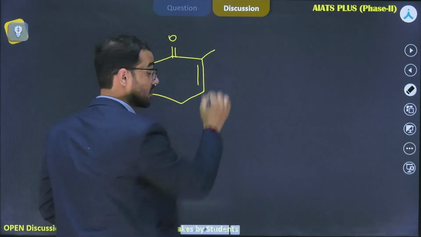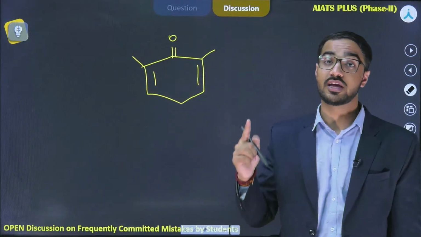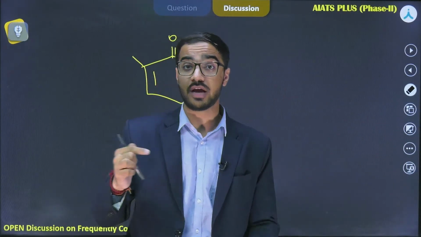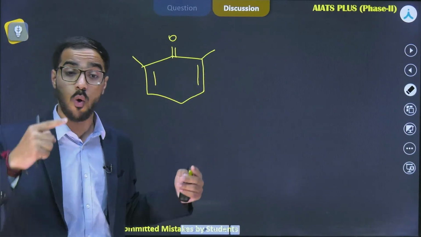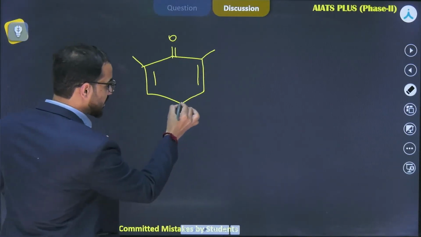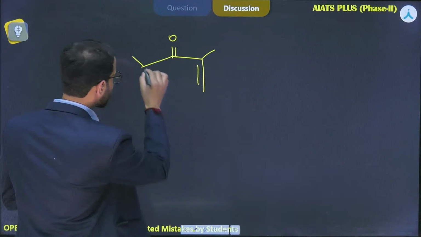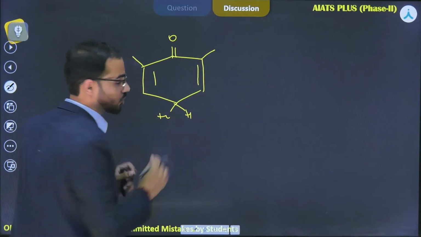But in keto-enol tautomerization, whenever they ask, you should be aware that extended keto-enol tautomerization is also a case. Let us say this hydrogen is present at this position.